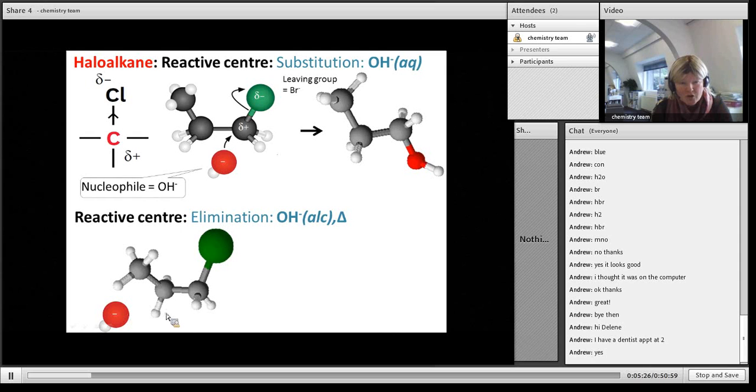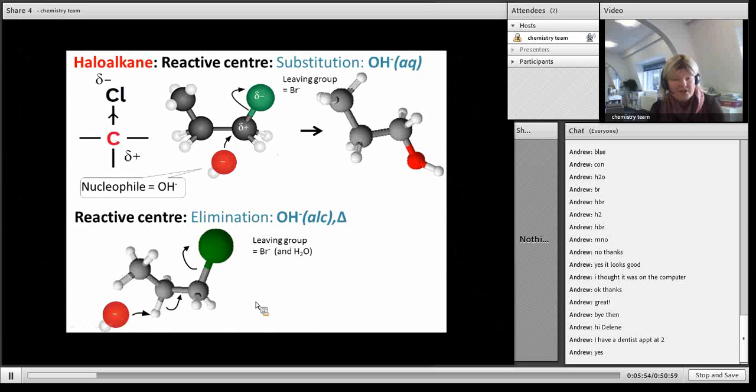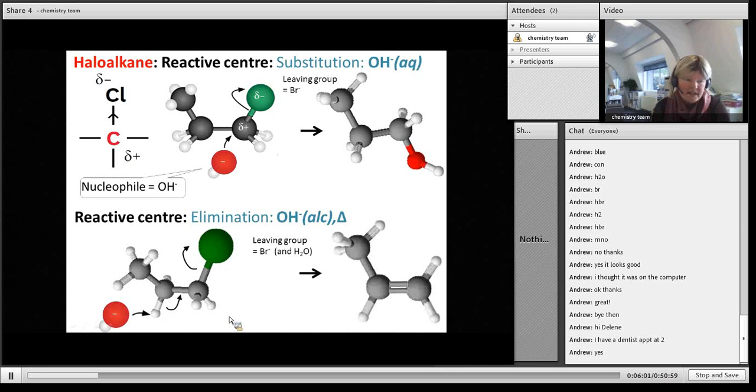So I need stronger conditions because a CH bond is quite a strong bond, and what's happening, it wants to take that hydrogen proton away, and then the electrons in that bond get shared between the two carbon atoms because the bromide gets removed with its electrons. So I've still got that good leaving group, but I don't want lots of aqueous OH minus because I'm trying to remove something that's a lot more difficult to remove. So it's harsher conditions, and I get an alkene.